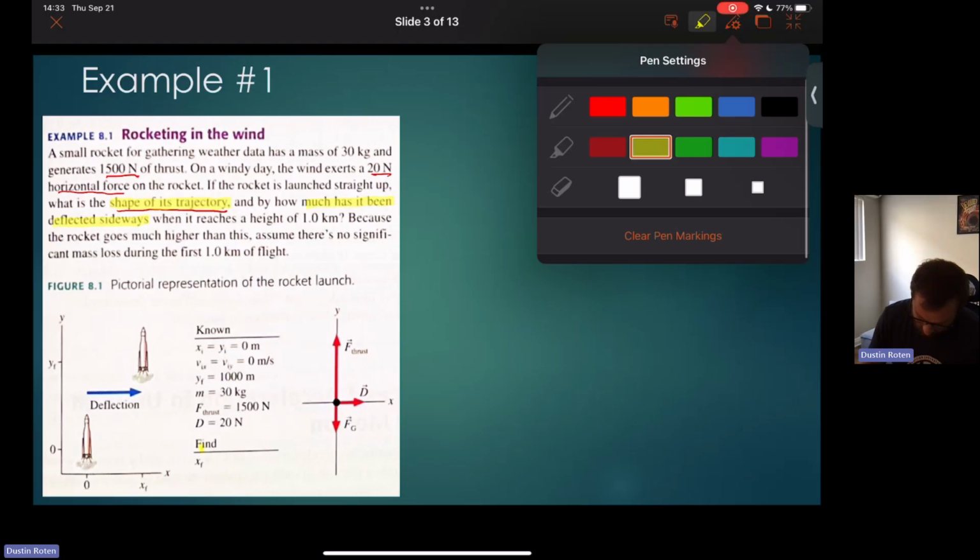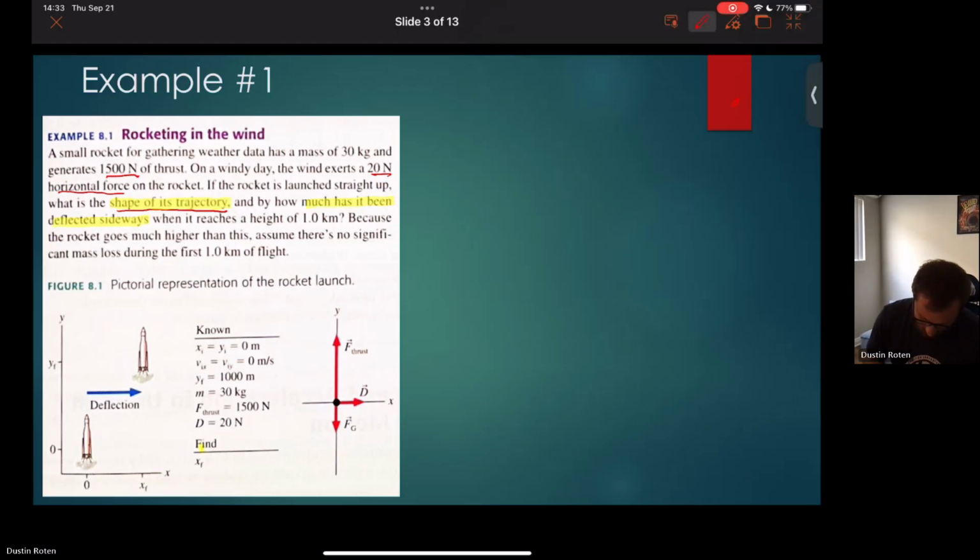So what we want to know is what its path looks like as it gets up to its upper altitude. We want to know its height coordinate as a function of its x coordinate. And we also want to know its deflection. So just how far over is this? What is x final?